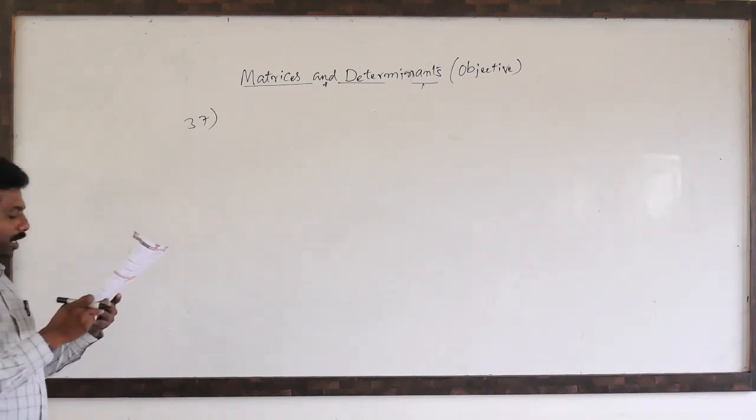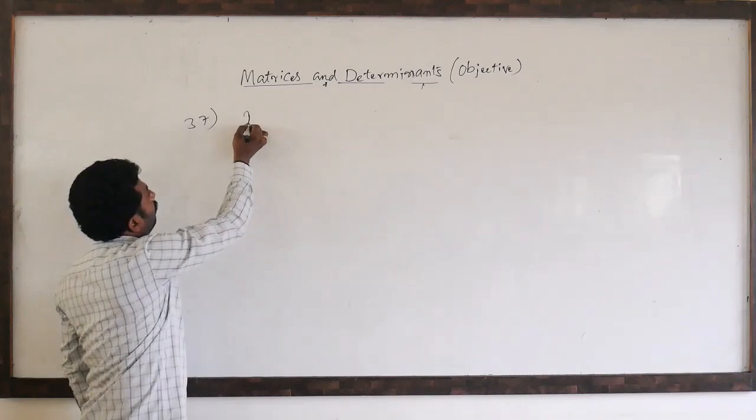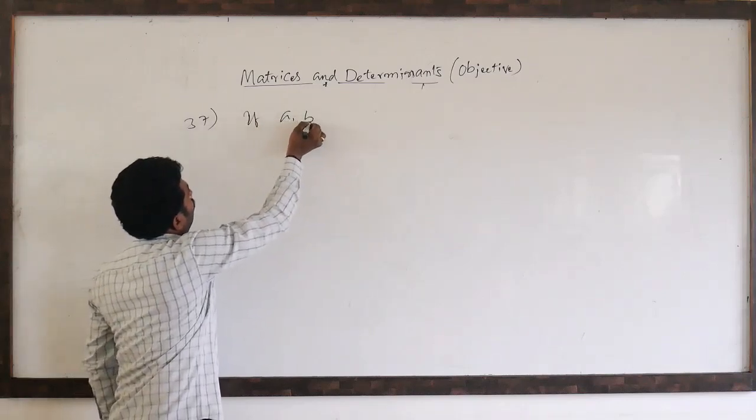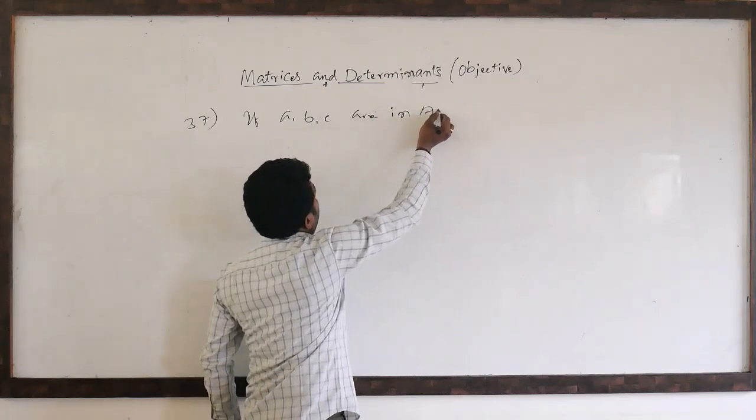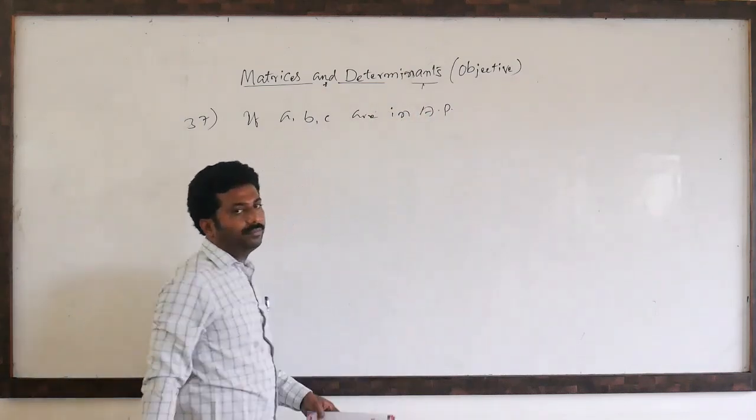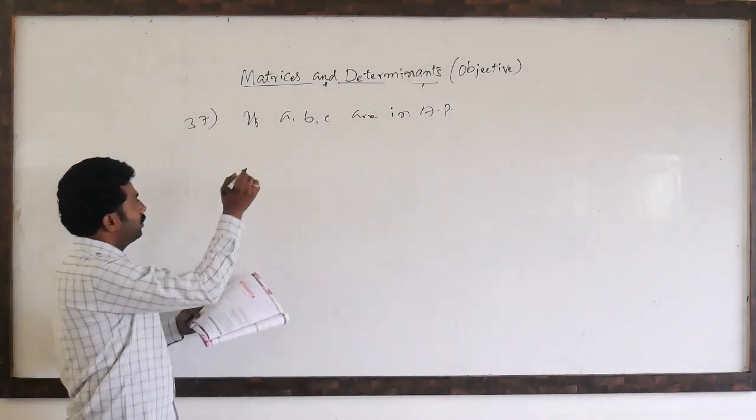If A, B, C are in AP, then what are they asking?